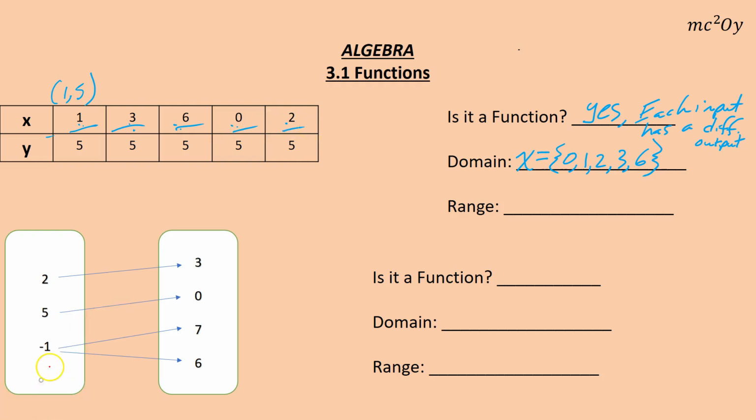Then my range, y equals, well, 5. That's all it equals. So you didn't have to put it in set notation. You could have just said y equals 5. Or that graph would look something like this, by the way. It'd just be a straight line at y equals 5. So it passes a vertical line test. It wouldn't pass a horizontal line test, but it'd pass a vertical line test.